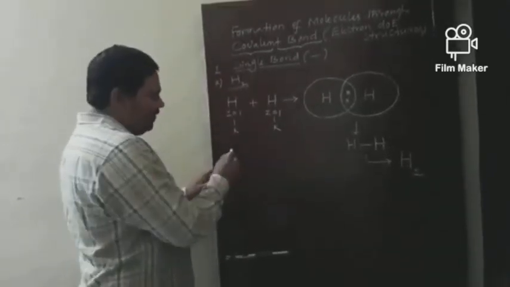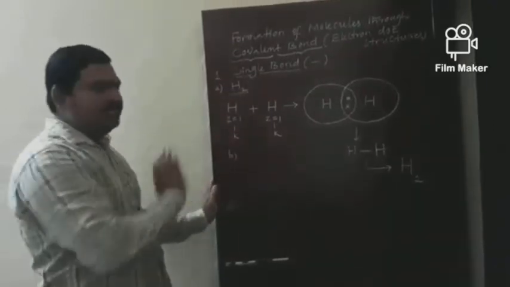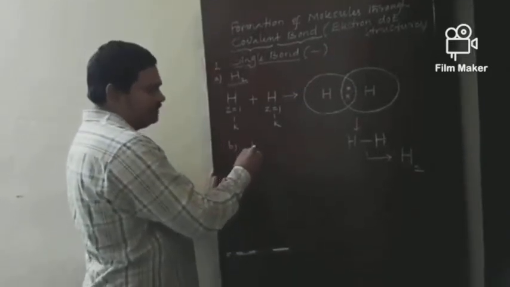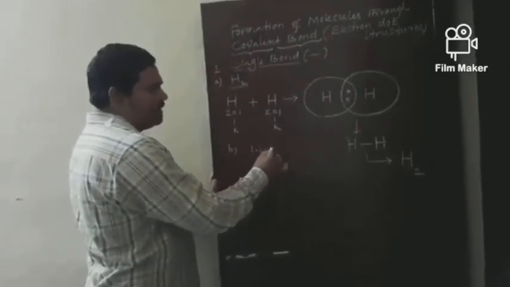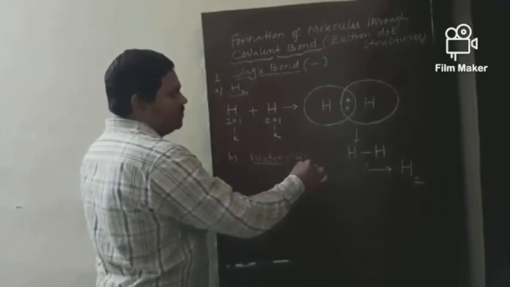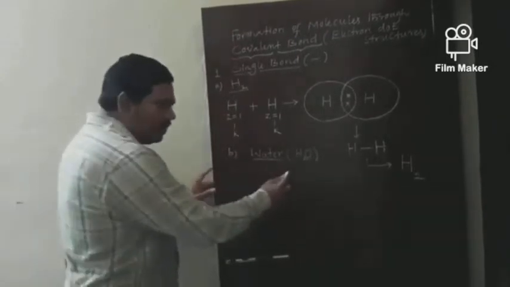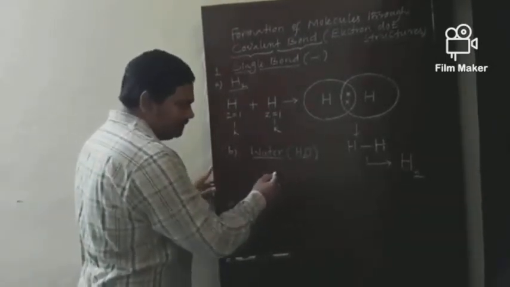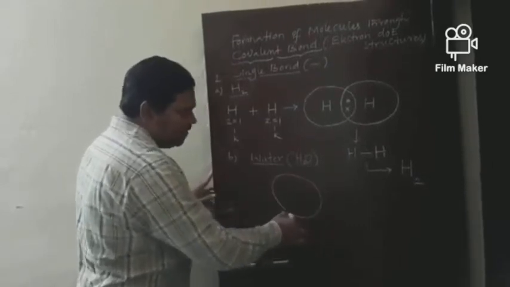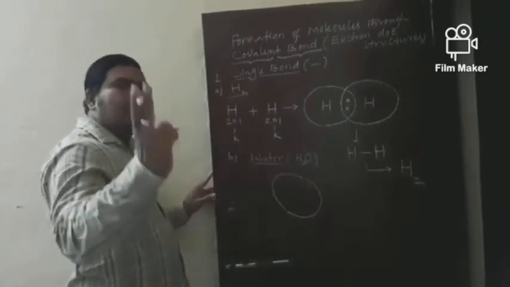Okay. Now let us move on to the second formation in this case. Now the second formation is water. Do you know? Water. What is the formula of water? H2O. The central atom in the water molecule is oxygen. And how many hydrogens are there in a water molecule? 2 hydrogens.